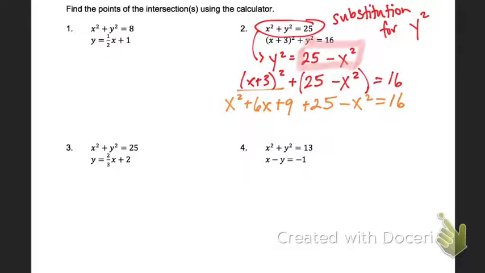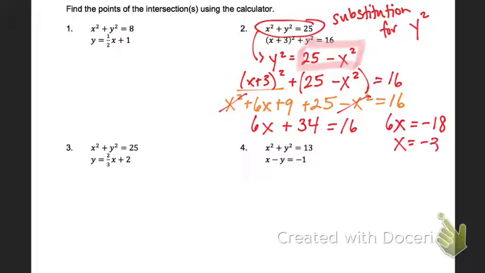Now I want to solve for x. Something nice about this is what happens: the x squared terms cancel. Makes life a lot easier. So then I have 6x plus 34 equals 16, so 6x equals negative 18, and x equals negative 3.